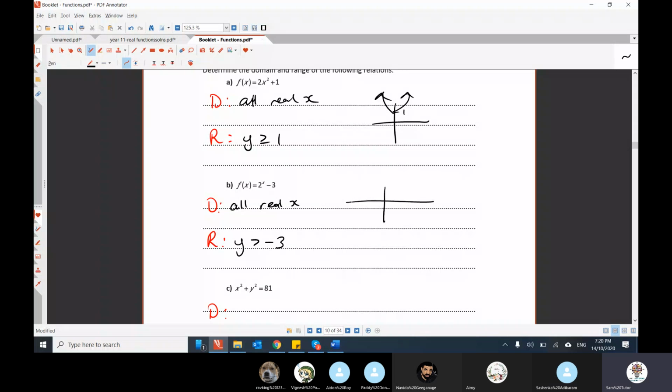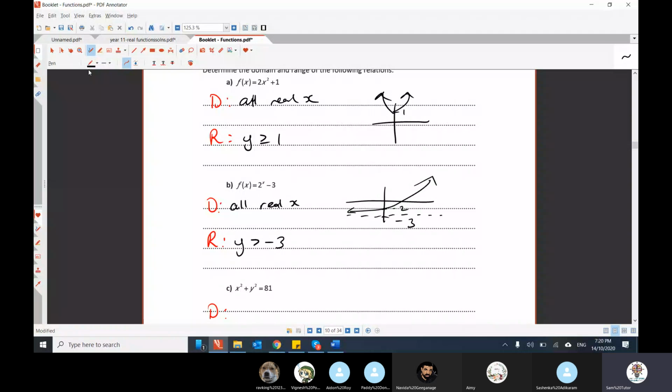I think so. So you've got your asymptote, which now is down here, and it cuts through at -2. So it's an exponential that's shifted down 3, all real x, and greater than -3. Fantastic. Not equal to. Yes.